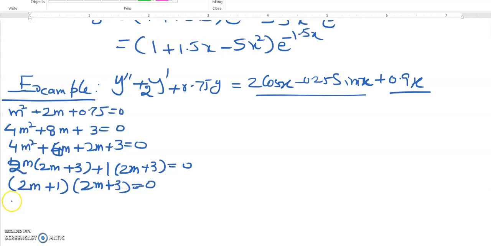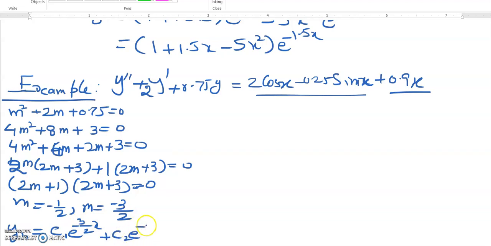So the roots of the characteristic equation are m is equal to minus 1 by 2 and m is equal to minus 3 by 2. So the solution of the homogeneous part of the equation will be c1 e power minus 3 by 2 x plus c2 e power minus x by 2.